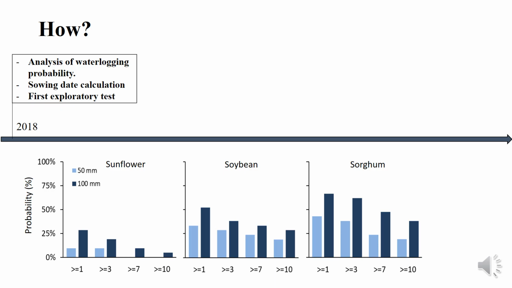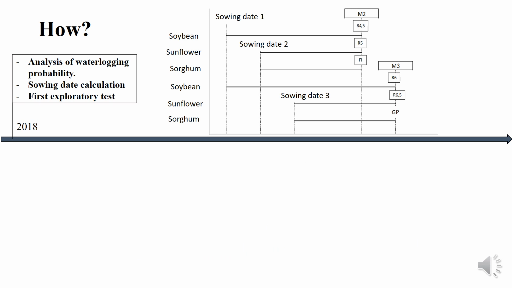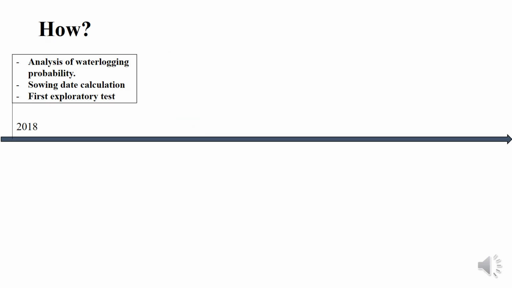We have as well 2 different initial water conditions in soil, 50 and 100 millimeters at 1 meter depth. After that, we calculate when we need to sow every crop to make the waterlogging treatment match in field for the 3 crops. And with this information, we create our experiment and then we start trying.